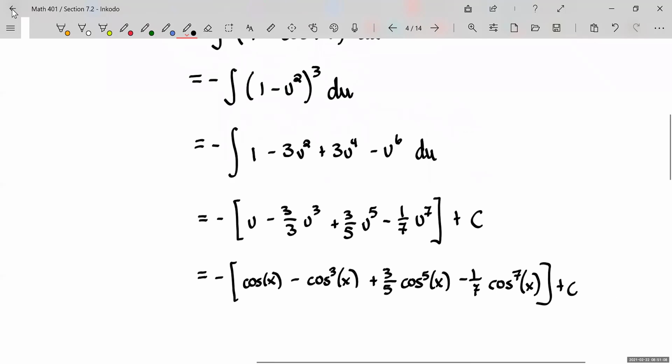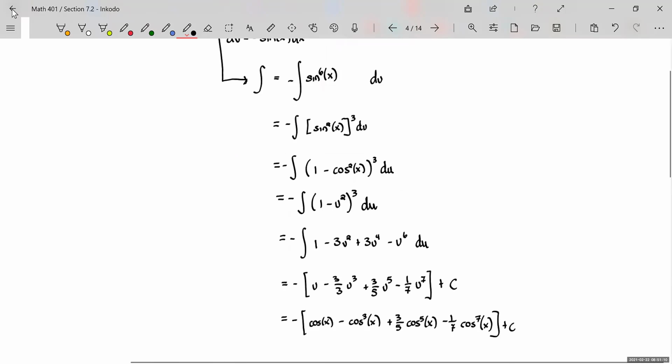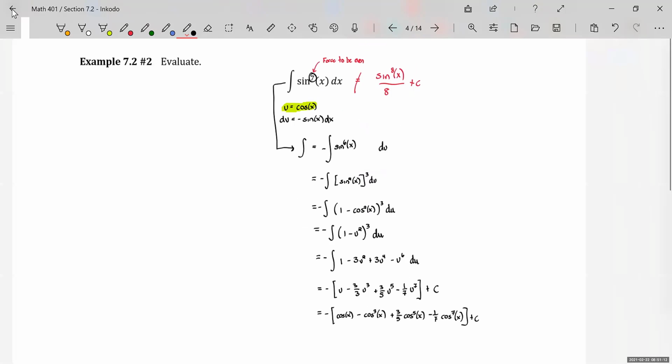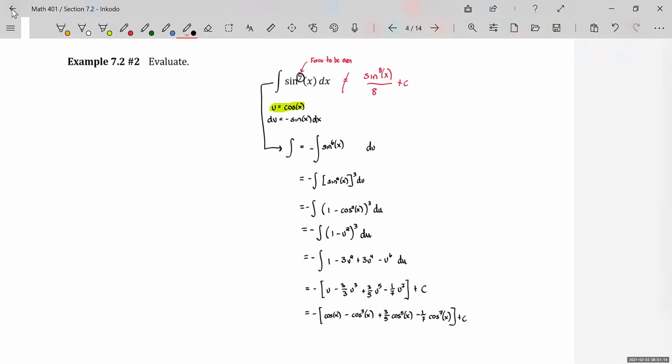A very simple looking, I suppose, integral, sine to the 7th, but its value is terrible. Nobody would have guessed that the antiderivative of sine to the 7th is that ugliness down there, but it is.